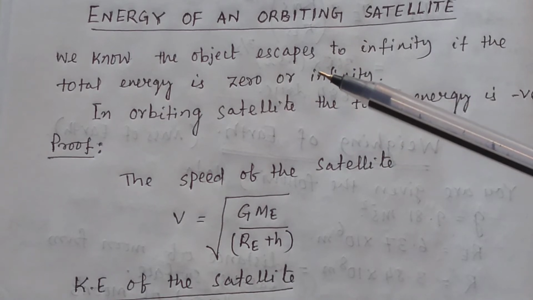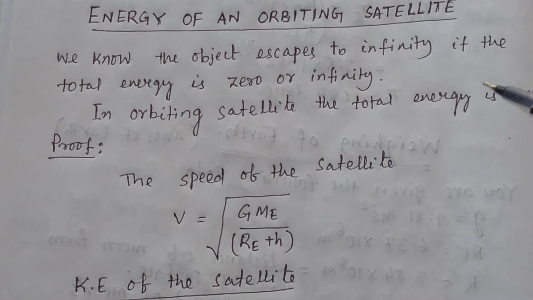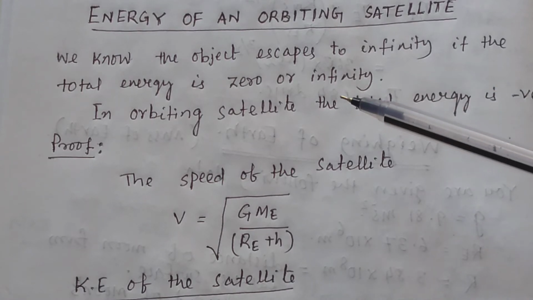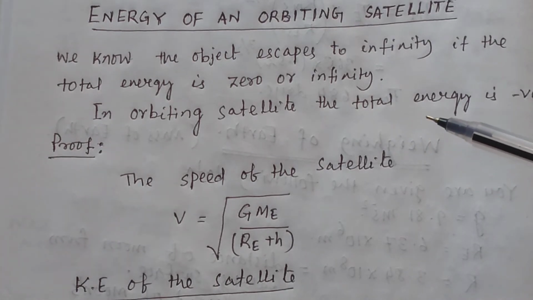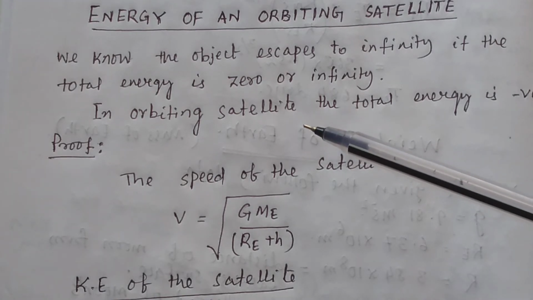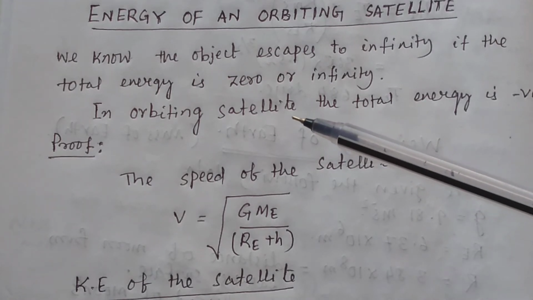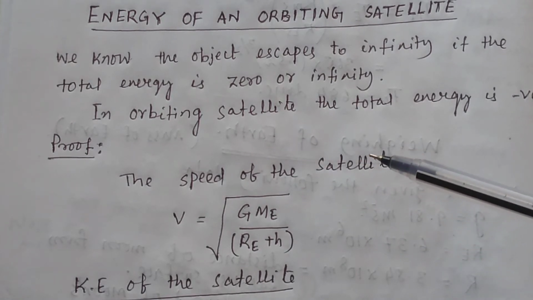Now we'll find out the energy of an orbiting satellite. We know the object escapes to infinity if the total energy is 0 or positive. In an orbiting satellite, the total energy is negative. Now we'll prove how the total energy for a satellite orbiting around a bigger body is negative.